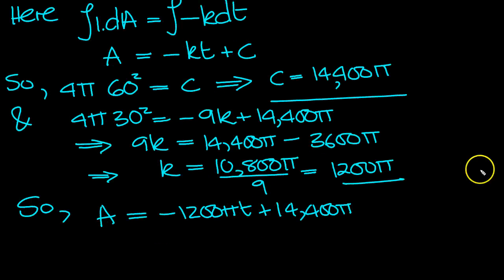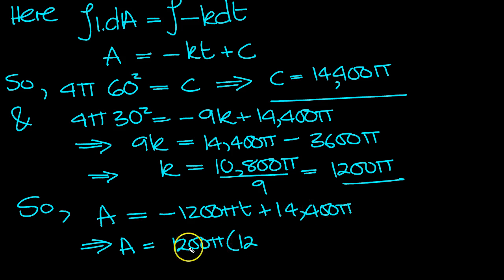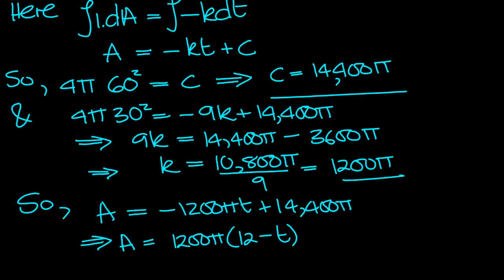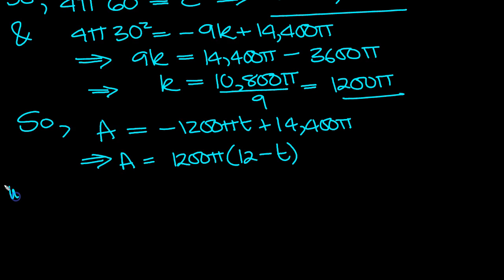So A equals then, take the 1200π outside a bracket, and then it will be 12 here, makes 144, 12 12s, 144 hundredths, minus, and then it's just a t, isn't it, here. Now we can do part 2, which asks us how many days for the snowball to melt.